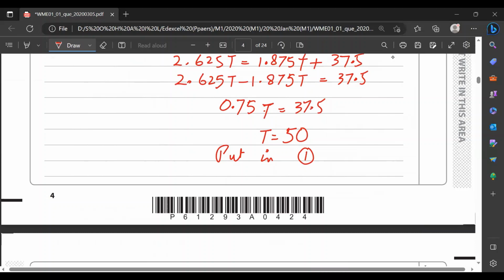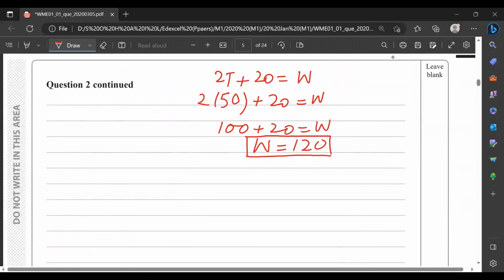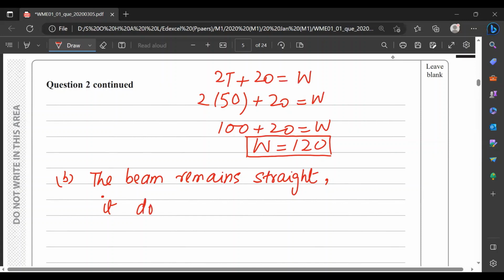This is part B. A rod means the beam remains straight, it does not bend.